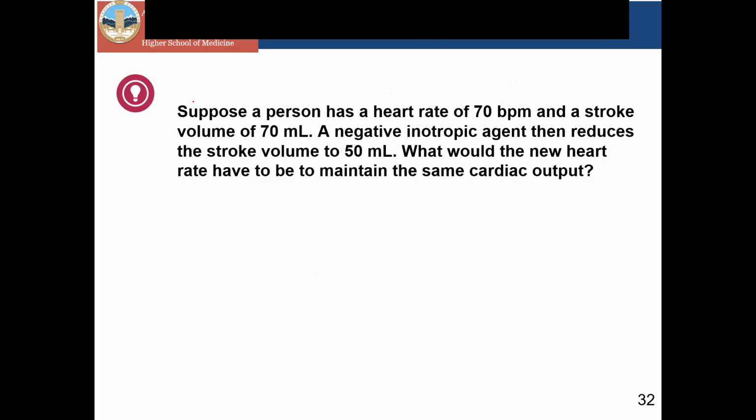Suppose a person has a heart rate of 70 beats per minute and a stroke volume of 70 milliliters. A negative inotropic agent then reduces the stroke volume to 50 milliliters. What would the new heart rate be to maintain the same cardiac output?